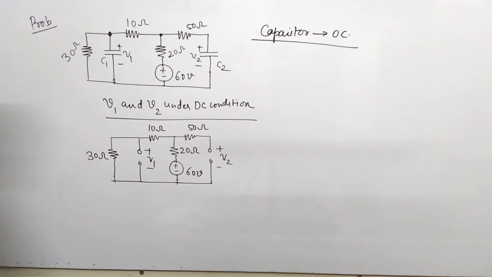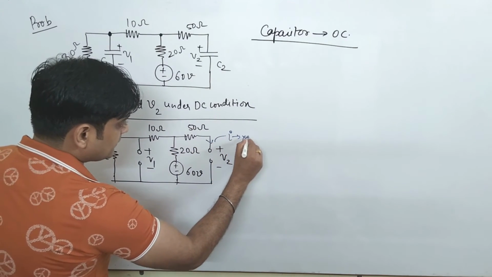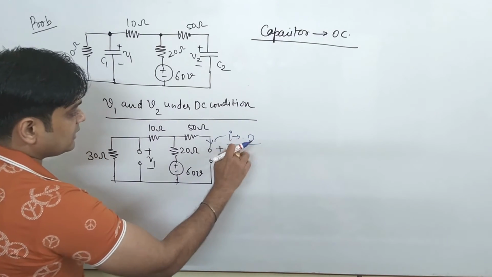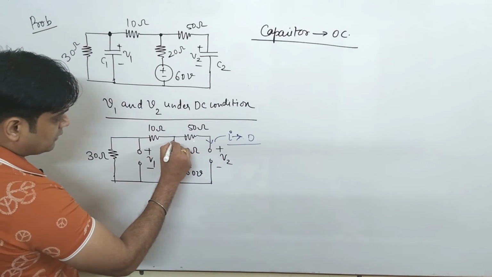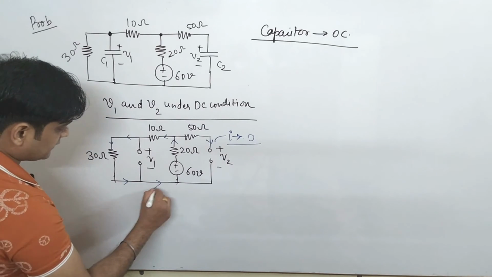Now one can find the value just by taking one KVL. See, no current will flow here, current will be 0 here. Why? Because it is open circuit, so some current will flow only in this closed path.